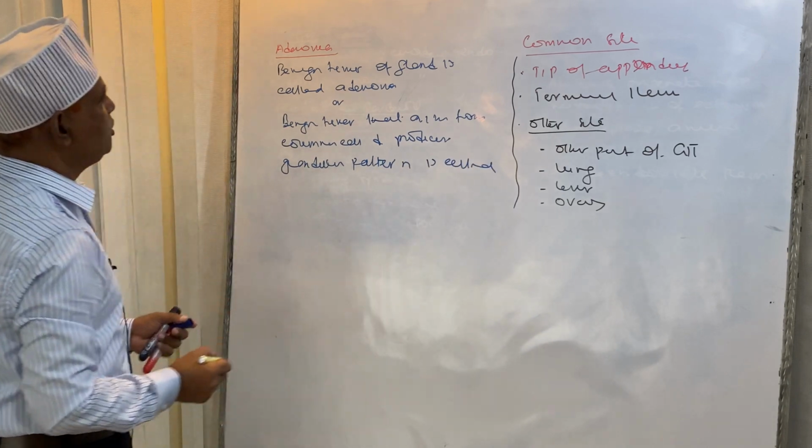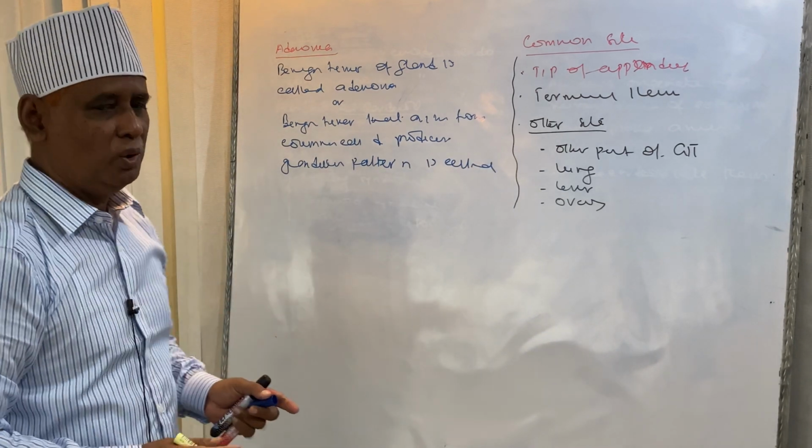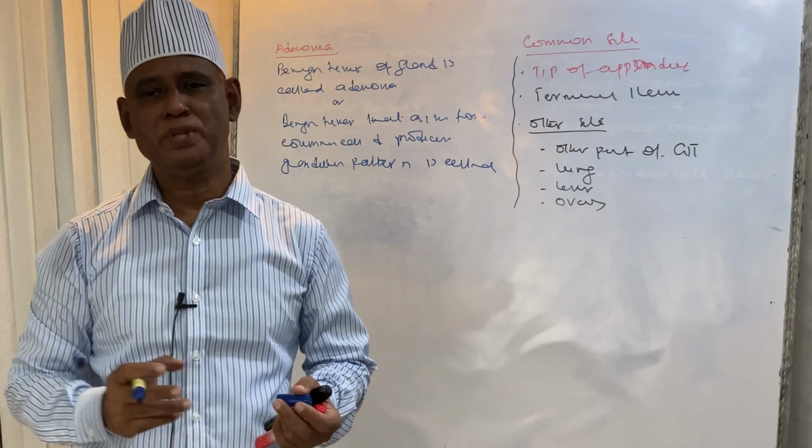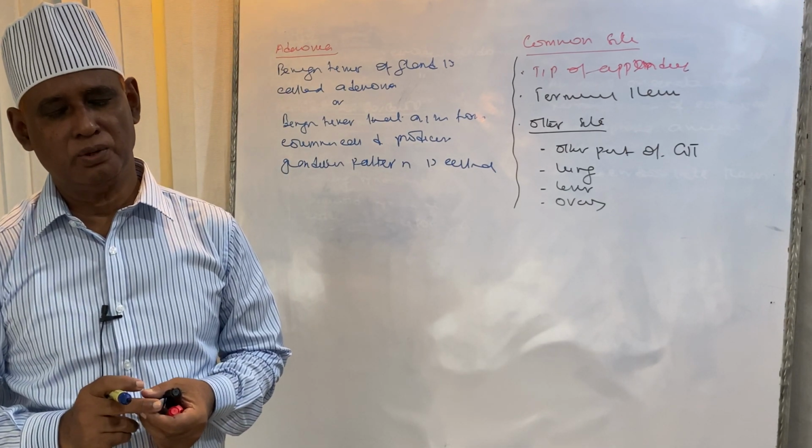Again, a benign tumor of gland is called adenoma, or a benign tumor that arises from the columnar cell and produces glandular pattern, it is called adenoma.